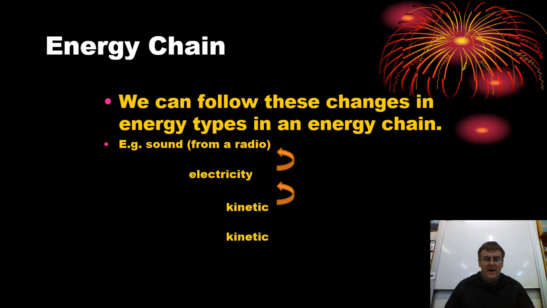It came from kinetic energy in the generator at the dam making the electricity to start with. So where did that come from? Gravitational potential energy of the water sitting up behind the dam. Then it flowed down into the kinetic energy of the turbine, which flowed along the wires to make electricity to power the radio.